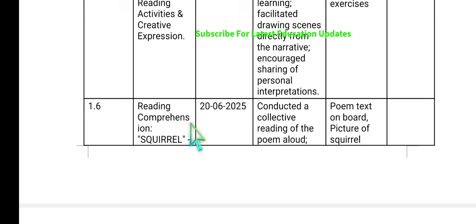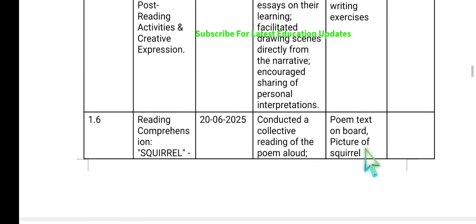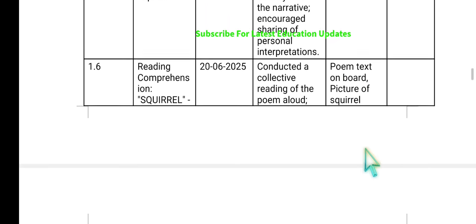Then we will focus on the poem Squirrel, where we can have a good enactment or a sample skit performance rehearsal for this poem after recitation of the poem. So: poem text on the board, IFP board, picture of the squirrel.